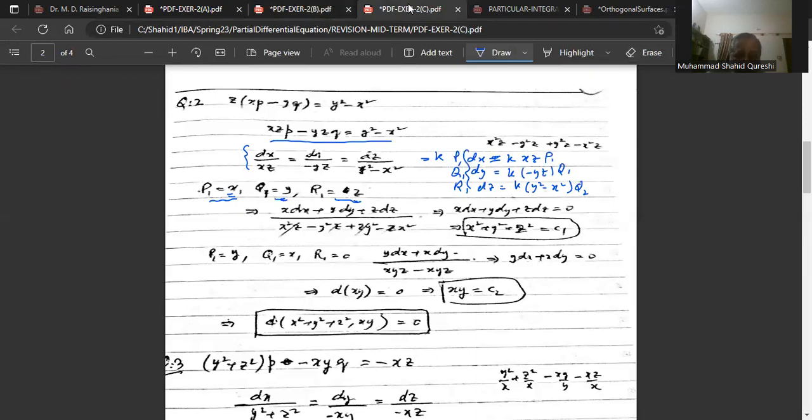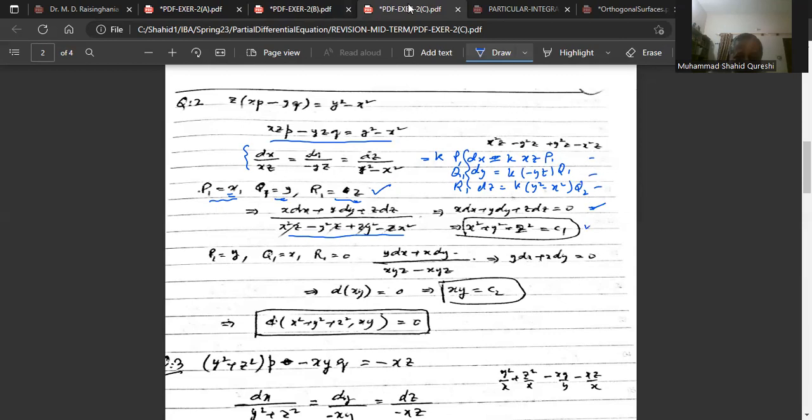Here the multipliers are so chosen that once we add the three equations of this type, the numerator is in the form of some function into dx plus some function into dy plus some function into dz, divided by p1 multiplied by the first denominator, q1 multiplied by the second, and r1 multiplied by the third. So x, y, and z are used as multipliers, so that the denominator becomes 0. X squared z cancels, y squared z cancels. When the denominator is 0, the numerator is also 0. And we have this in integrable form.